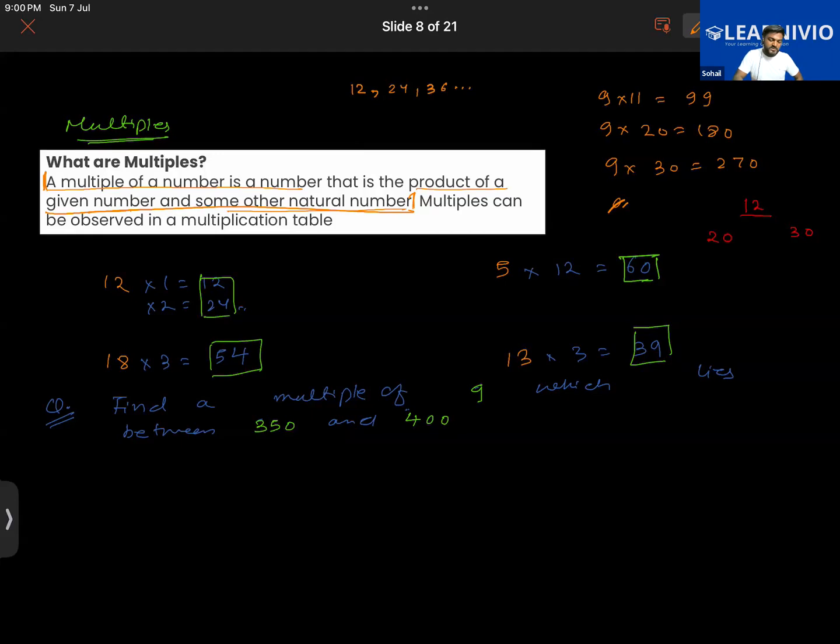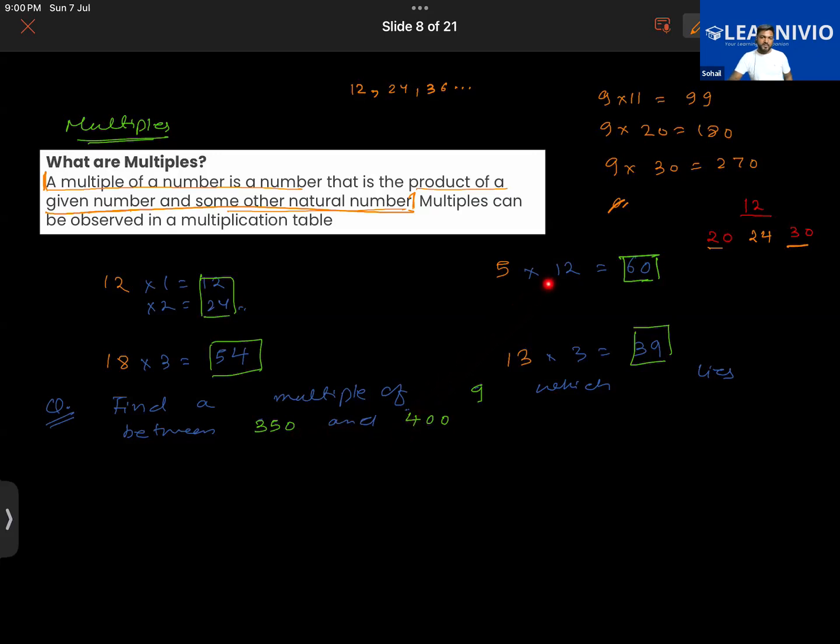So which one of them is lying between 20 and 30? So 24 is lying between 20 and 30. A similar thing has to be done in this question also. Find the multiple of 9 that is lying between 350 and 400.